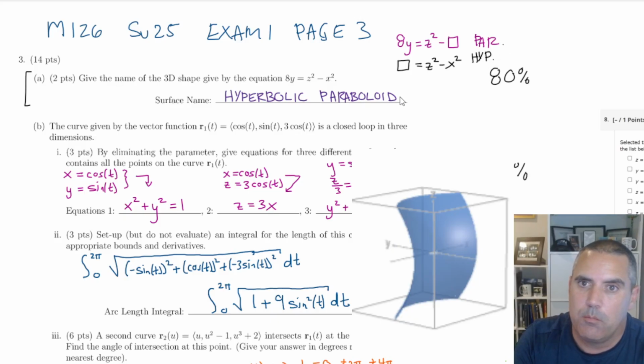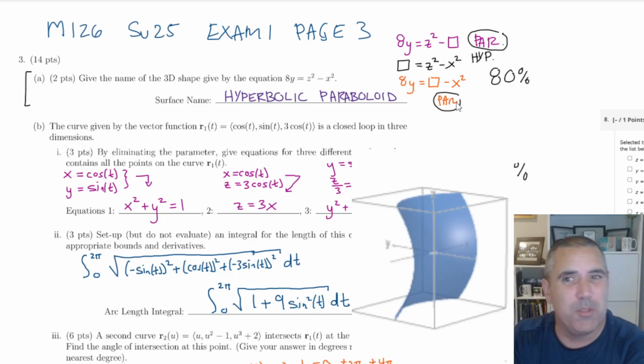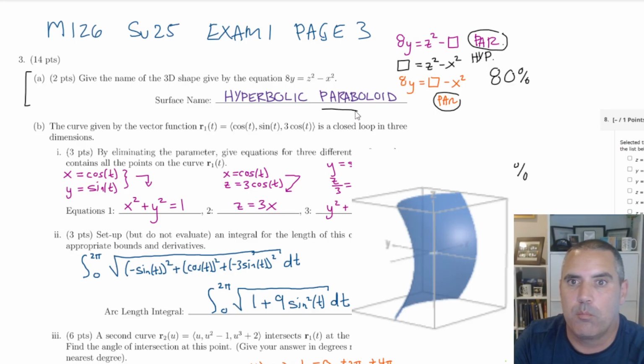And then lastly, if you make z a constant, that's a parabola. And so remember, the easy way to remember these names is if it looks like a parabola from two sides, when the traces for two different variables is a parabola, then you call it a paraboloid. The adjective you put in front of it is the other direction. This is a hyperbolic paraboloid.